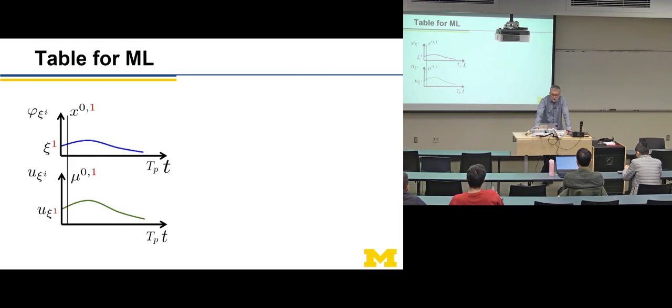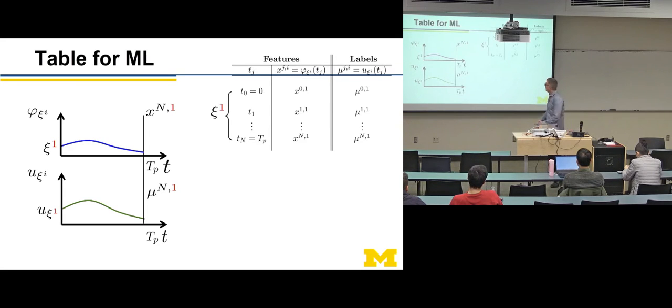He says we can sample the state trajectory at different times. And so we're going to build up a mapping, yeah, from features to labels. Okay? That's the vocabulary in machine learning, okay? It hurts me to use it because it's just a function fitting problem, but it's a really good tool.